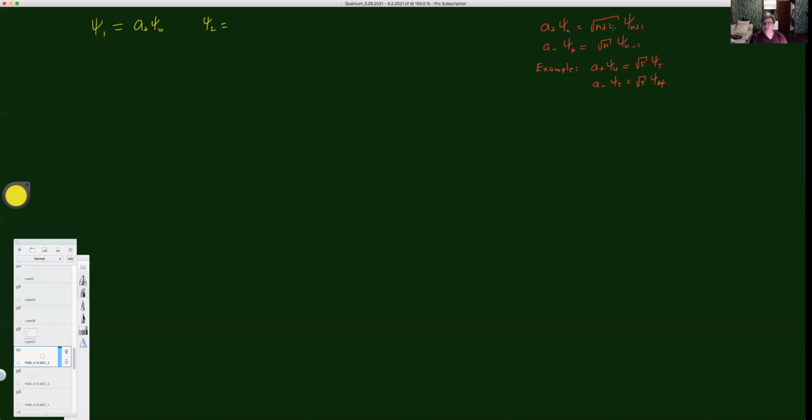This would be the square root of 2. This would be psi 1, right? So this would be 1 over the square root of 2, A plus psi 1. Sorry, A plus psi 1. So now keep going.